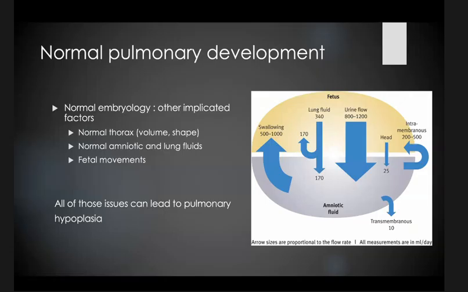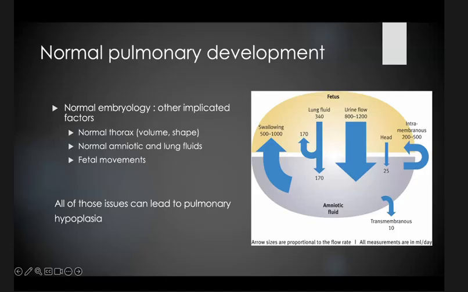When the baby is in the mother's abdomen, the baby is surrounded by fluid, and the fluid is super important for the development of the normal lung. So the baby and the amniotic fluid share the liquid to make sure that the fetal lungs are growing well.